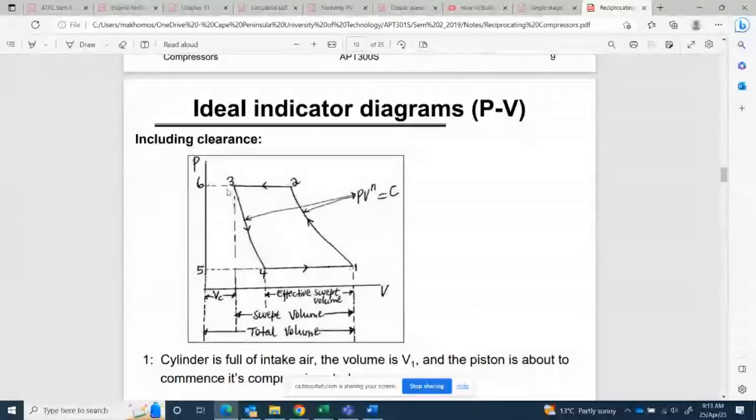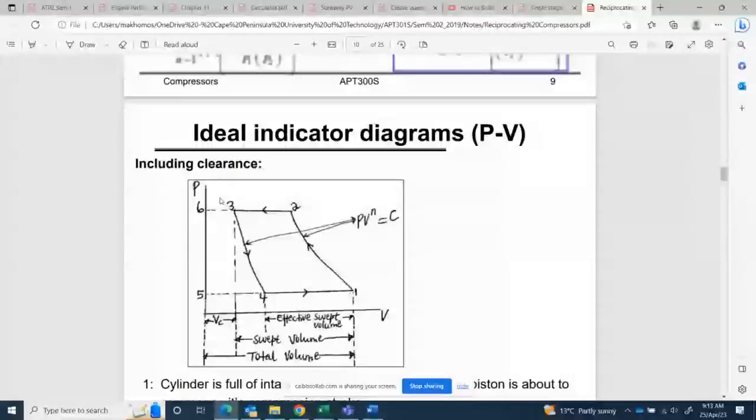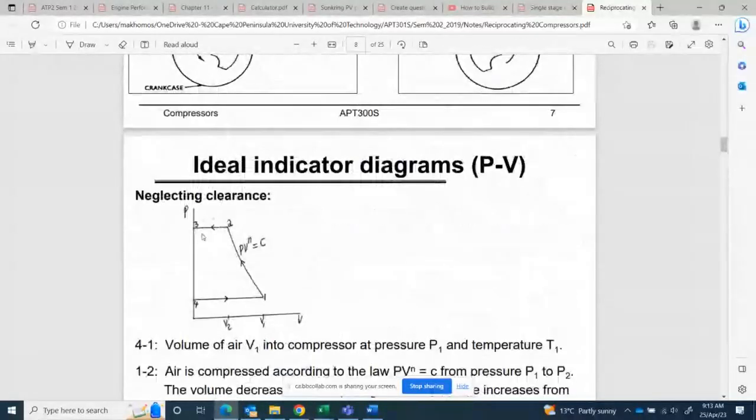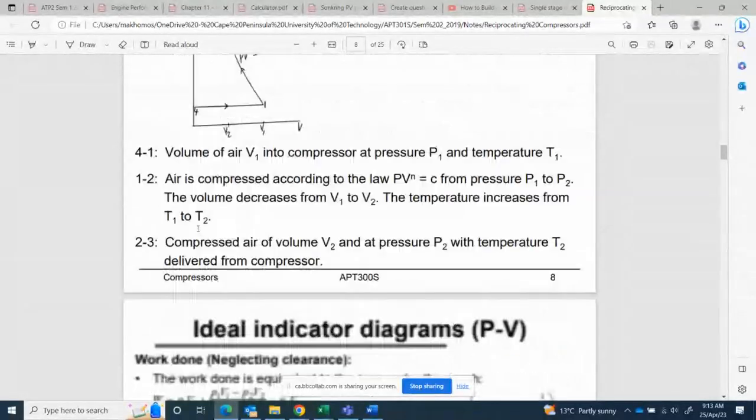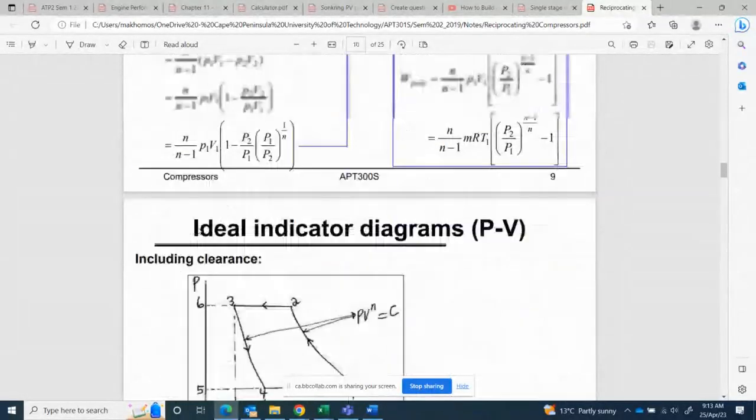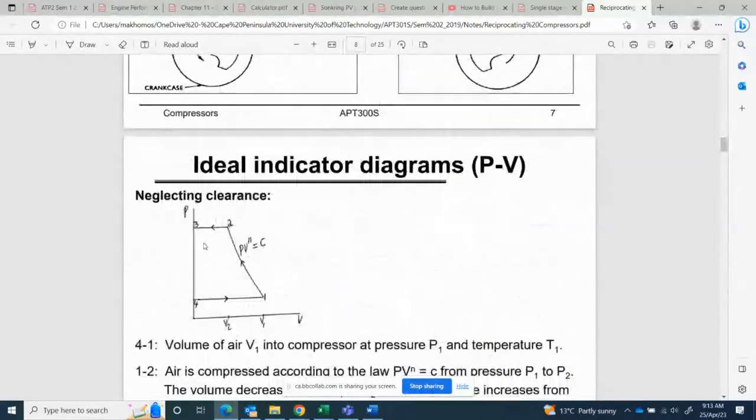Remember, from the first case, there was no clearance. In that case, there's no clearance, which makes our compressor 100% volumetric efficiency. I said that the volumetric efficiency is the capacity of the compressor. So the capacity of that compressor is 100% because there's no clearance.